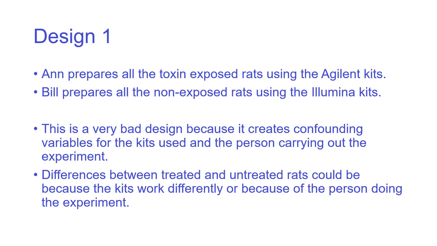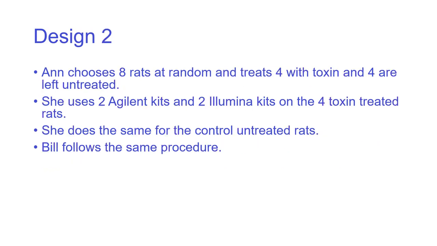So if Anne and Bill are different in their skills as experimentalists, or if there's a difference in the reagents between Agilent and Illumina, you've now confounded any possible difference between the treatment and the control with these other factors. So that's a bad design.